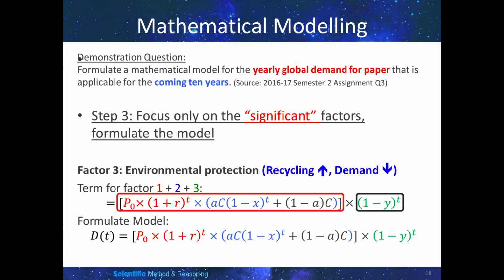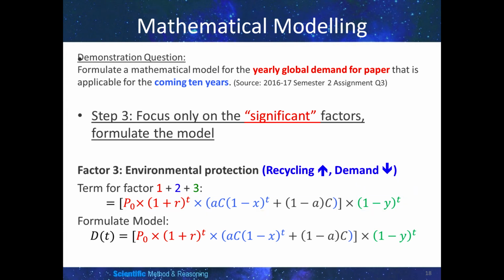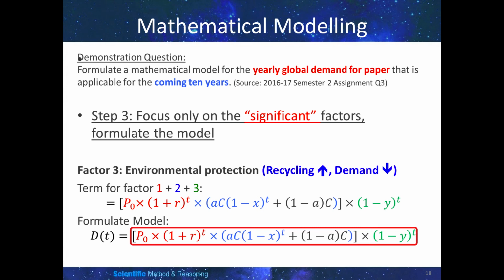Because 1 minus Y will actually affect all three categories of paper here. Okay? So then we have obtained our final model, which is the demand, D, is equal to all the terms here.